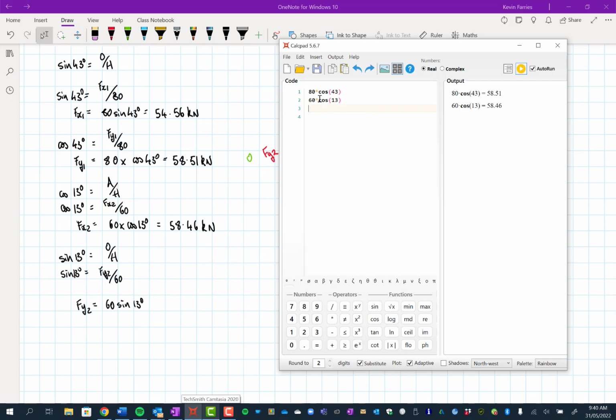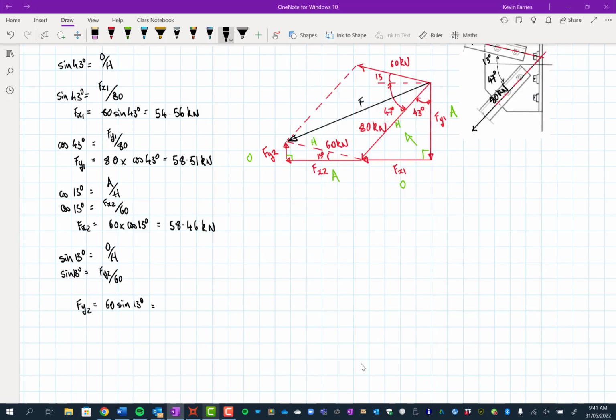Same thing, so sine 13 degrees, 13.5. I'm just going to check that, such a round number is kind of interesting, just because it rounded up that way. Kilonewtons.